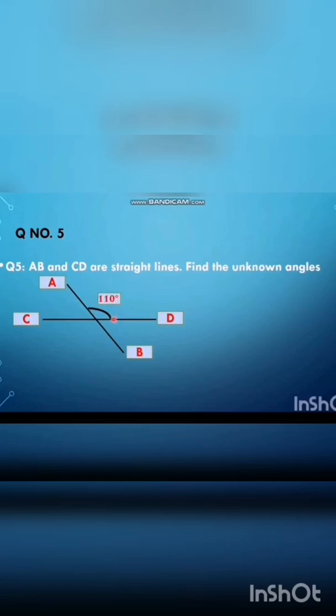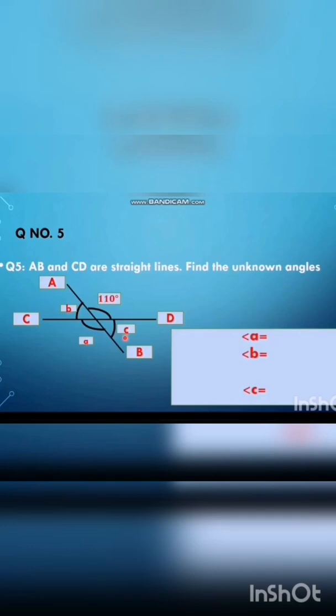Here in one pair, one angle's measurement is given, that is 110 degrees, and its opposite angle is small a. Now another pair, that is B and C. Now we are going to find out the measurements of angles A, B and C.